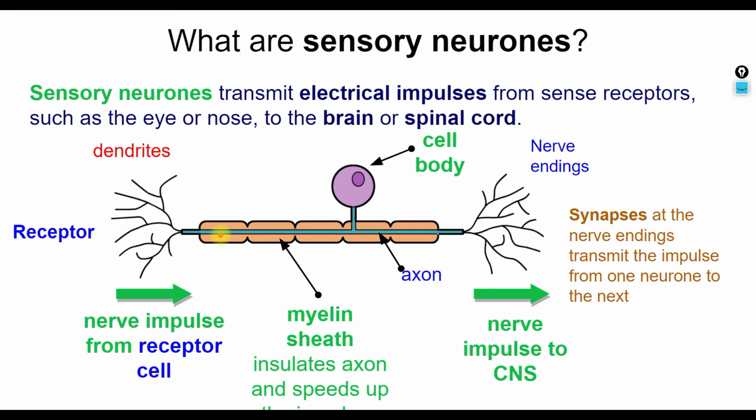That's an absolutely huge cell. Now, the axon is surrounded by some special fatty cells which make a layer of insulation. We call that layer of insulation the myelin sheath. And it insulates axons and speeds up impulses.